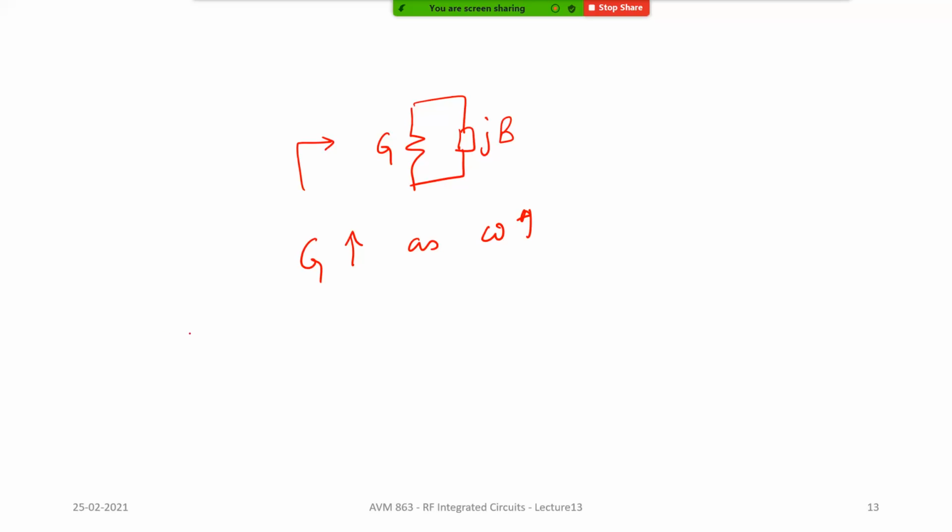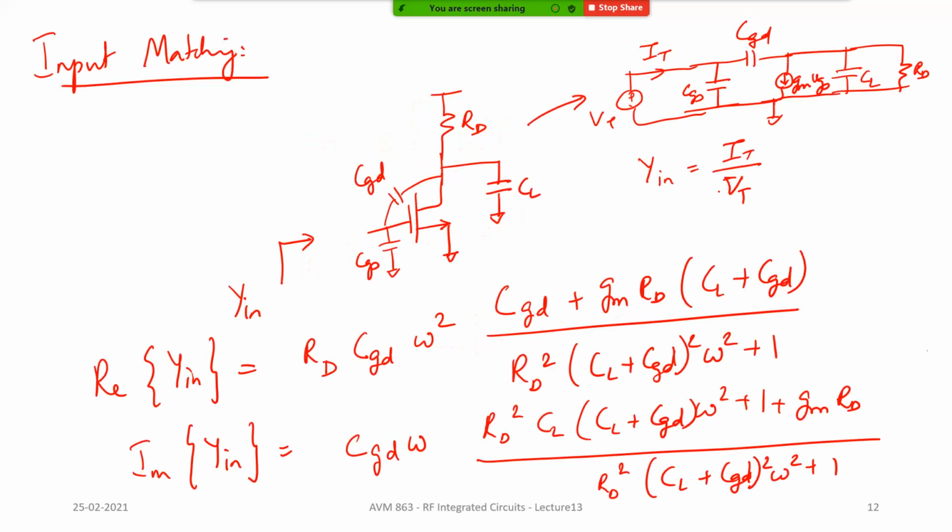But even then, the real part of Yin is still in the range of kilo ohms inverse, so it will be in the order of millisiemens. The real part of Yin at, let's say, lower gigahertz frequency is going to be like this. So the moral of the story is that the input impedance of your MOSFET has a certain real part, but that is nowhere close to 50 ohms.